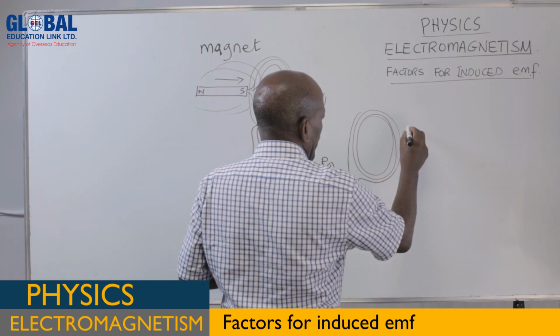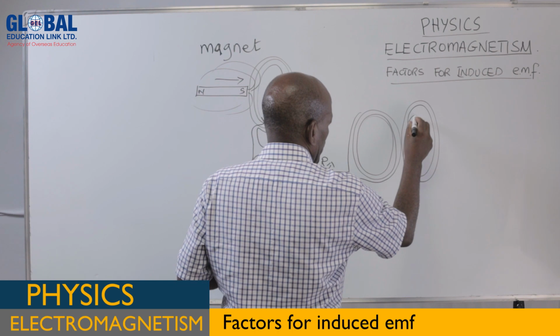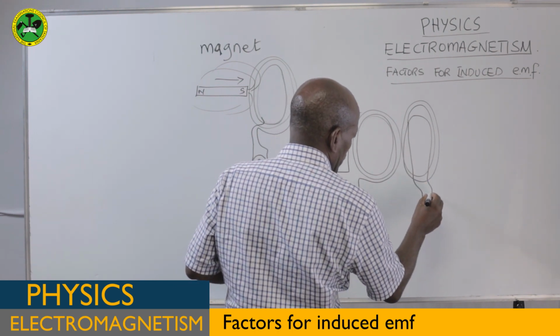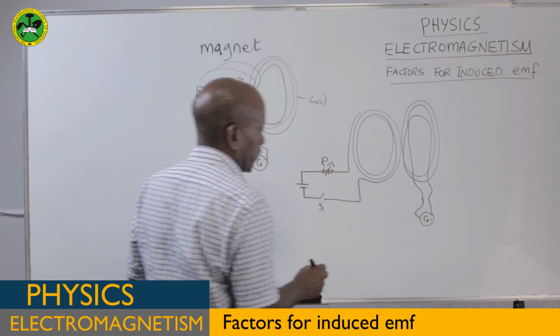And we could have another, secondary coil very near to it. This secondary coil can be connected to a sensitive galvanometer, G.